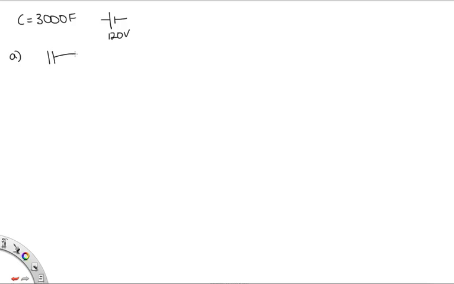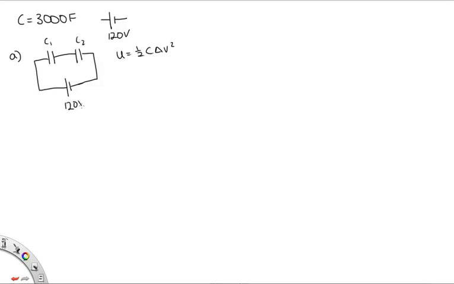Okay, so we're just showing that we know how to connect capacitors in series. So in series, they look like this. So we've got C1, C2 with the same capacitance. Now we're asked to calculate the total energy. The total energy is equal to a half C delta V squared, and we're going to need to add the capacitances and the voltages for these two capacitors to get the total energy. So let's just have a look at the voltages.